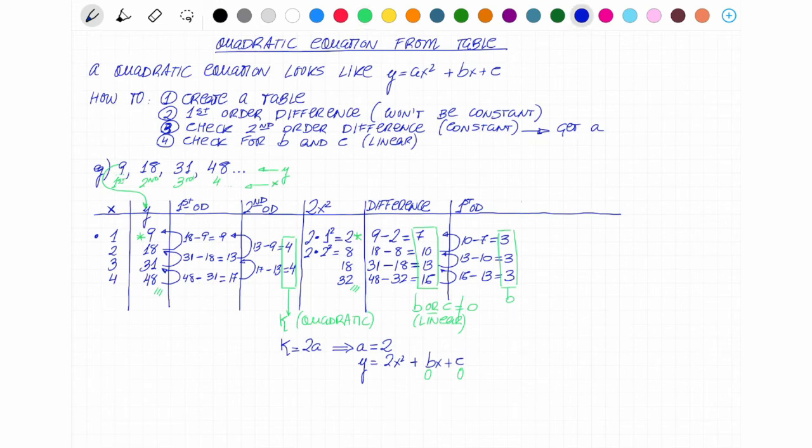And now I need to check to see if there is a c. So we repeat the process. We ask ourselves, what if we only had 3x? If our c would be 0, what would we see? And then we do the same. 3 times 1, that would give us a 3. 3 times 2, that would give us a 6, and so on and so on. 3 times 3 could give us a 9 and a 12.